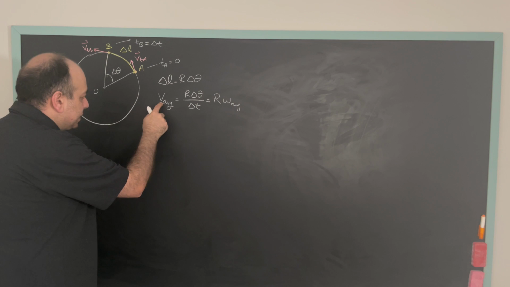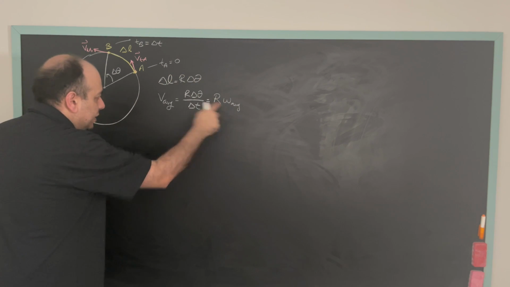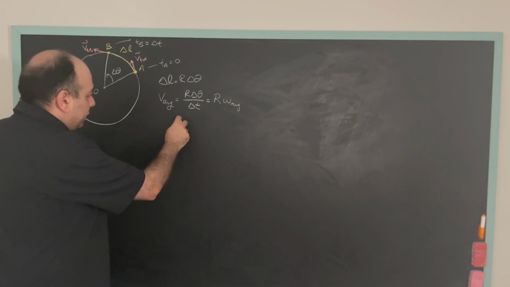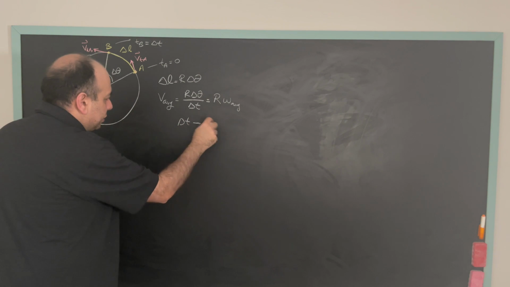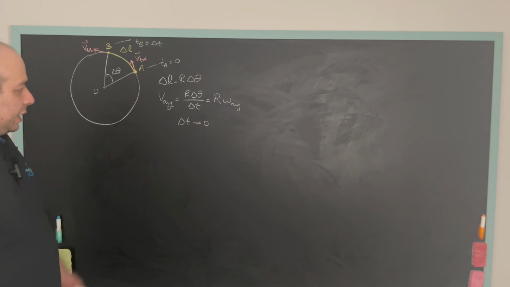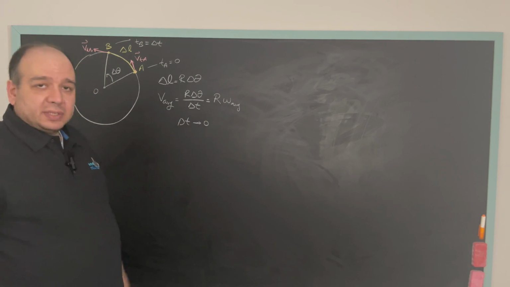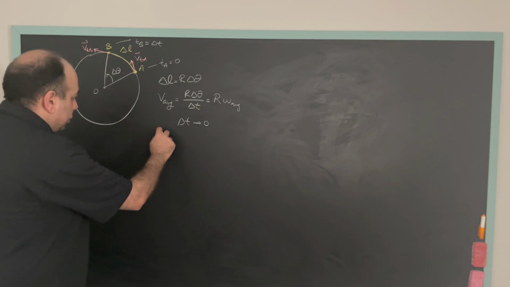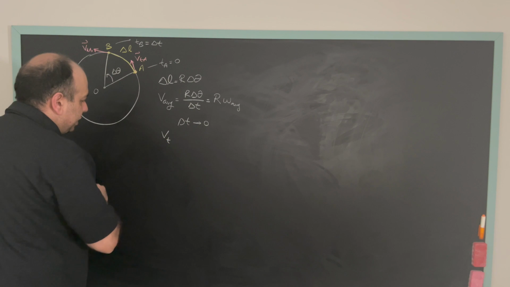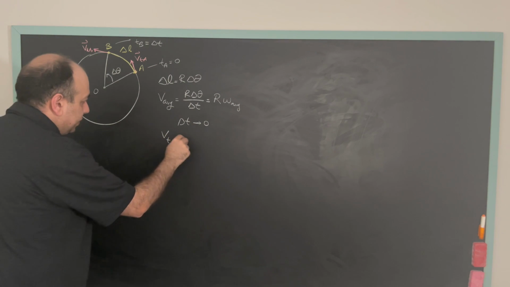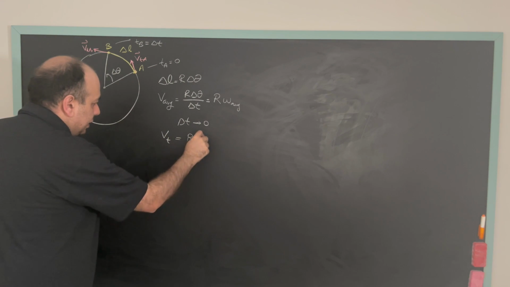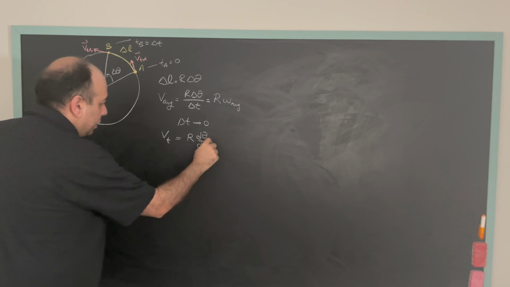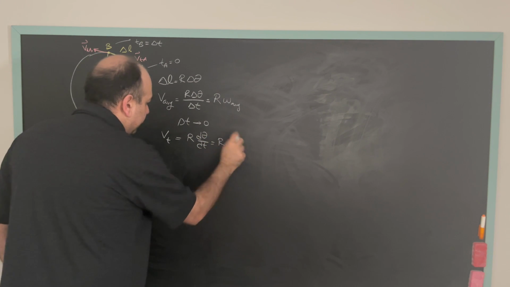The linear speed is related to the angular speed through this relation. When delta T goes to 0, these average quantities turn into instantaneous ones. So I can simply say that V tangential is equal to R times d theta over dt, or you can simply call it R times omega.